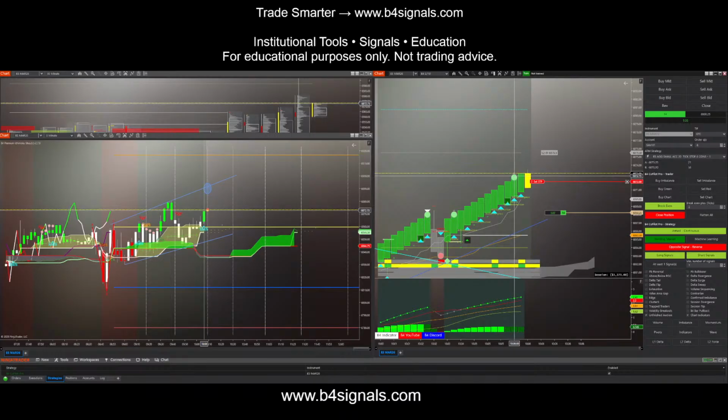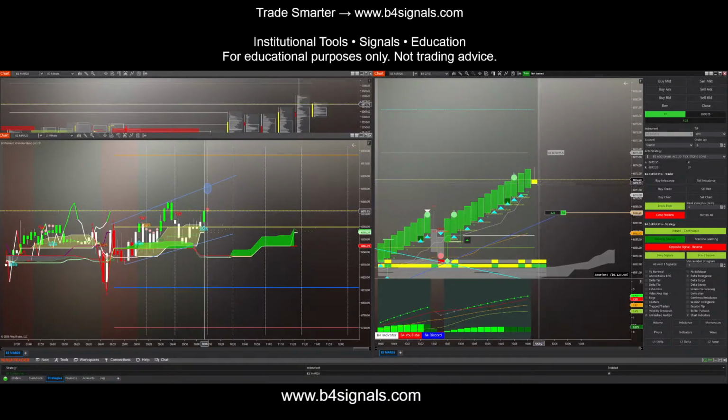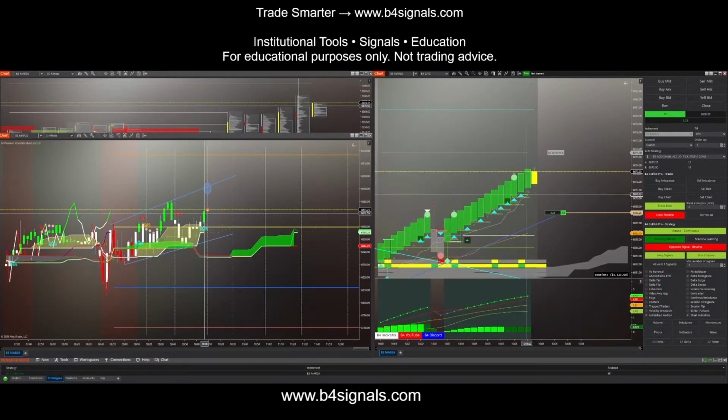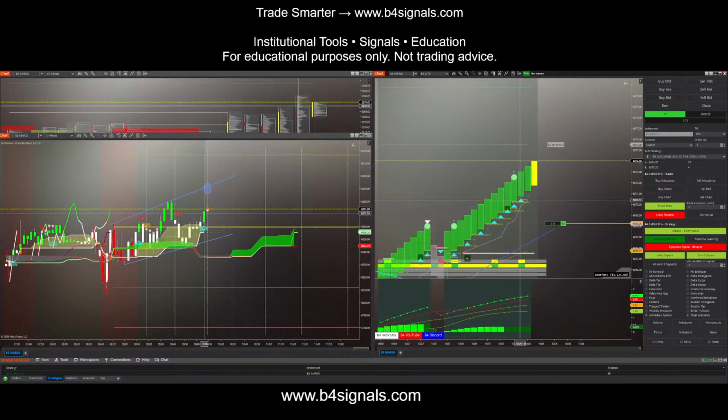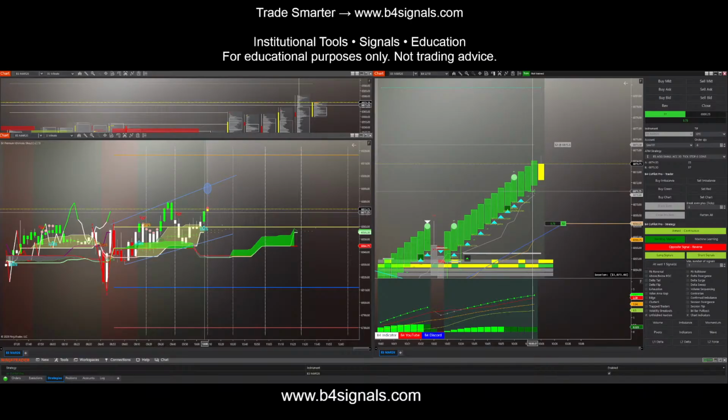That was a potential take profit opportunity. We've already moved up our stop loss. In fact, our stop loss came into effect. There you can see right there where it moved the stop loss up. We're moving the stop loss again. Order filled.